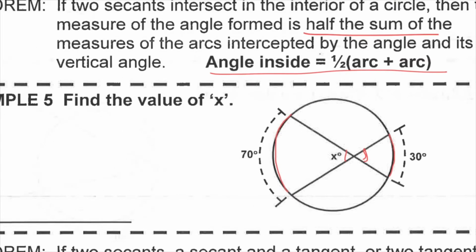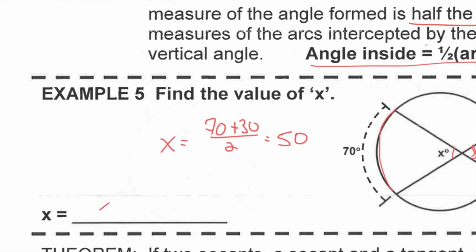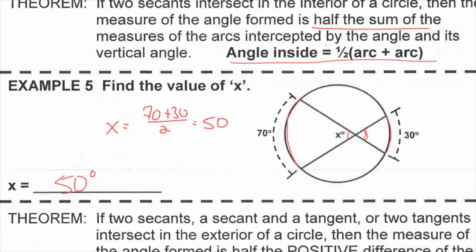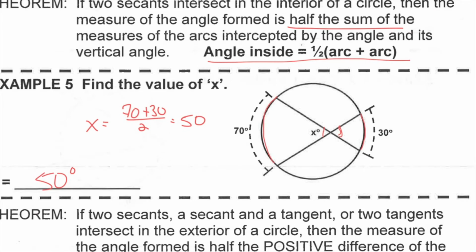And then that's how you get your angle. So x is going to be equal to 70 plus 30 divided by 2. 70 plus 30 is 100, and 100 divided by 2 gives me 50. So I know that x is 50 degrees, okay? So it means add up those arcs and then divide them by 2.